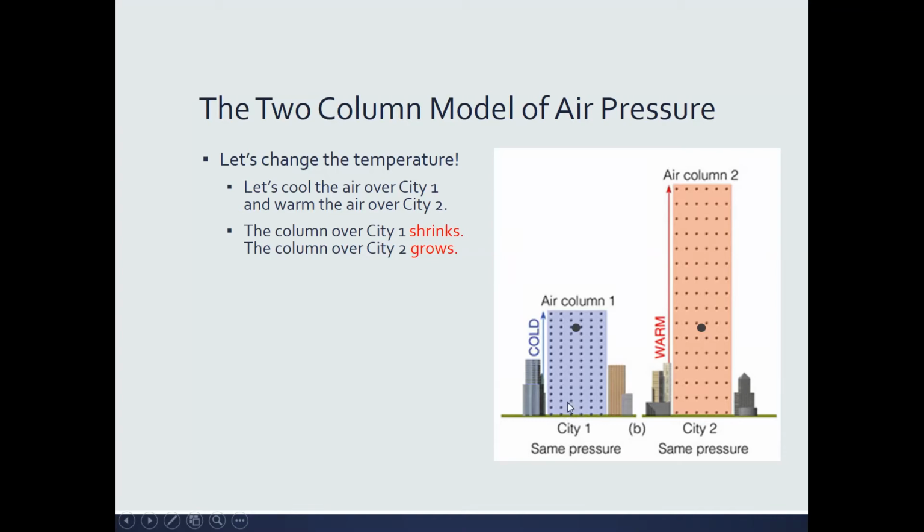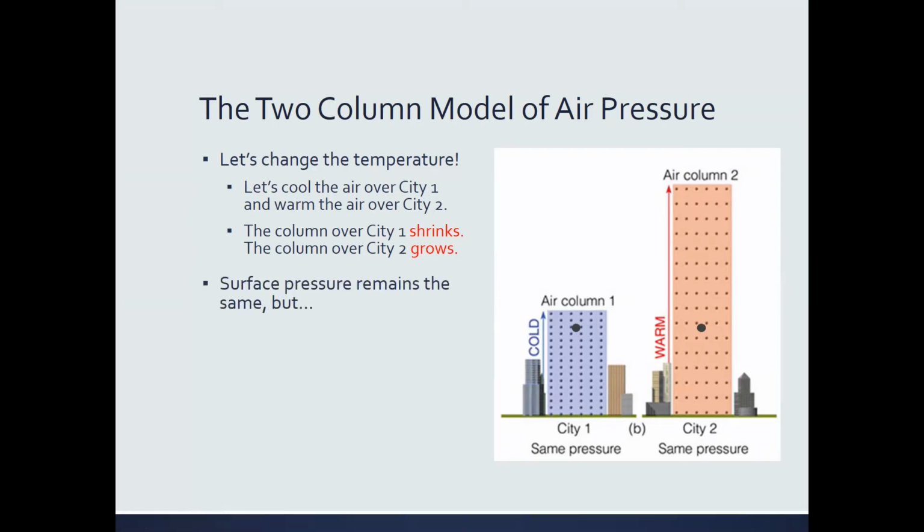You still have 6, 12, 18, 24, 30, 36, 42, 48, 54, 60, 66, 72, 78, 84, 90, 96. You still have 96 dots above you in both columns. So at the surface, the air pressures are the same.